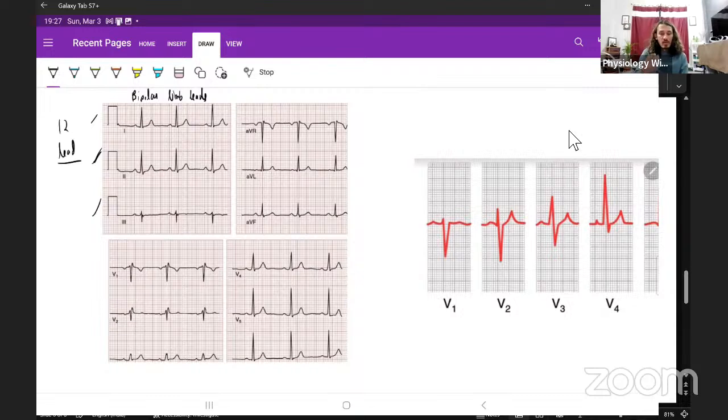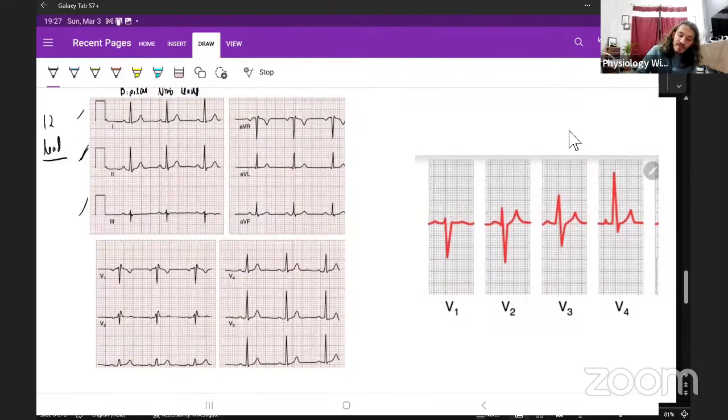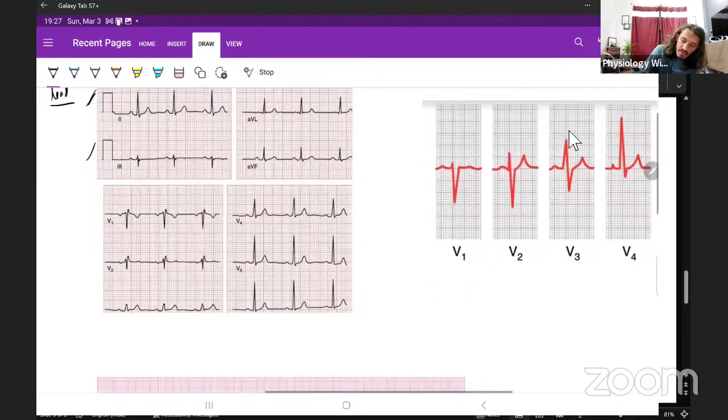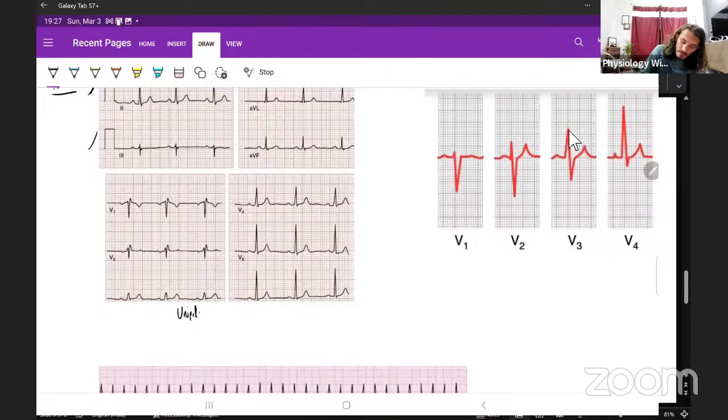Now we'll go to another type of limb leads, which is called unipolar. And beyond that, there's another type, which is your unipolar chest leads.